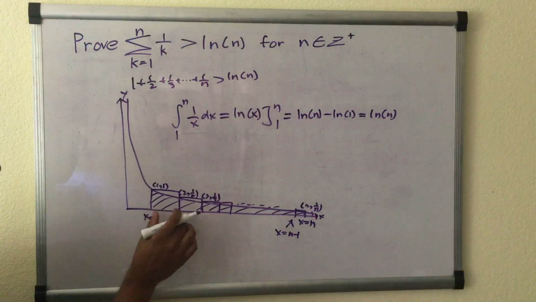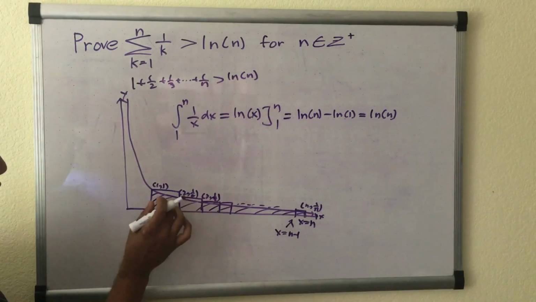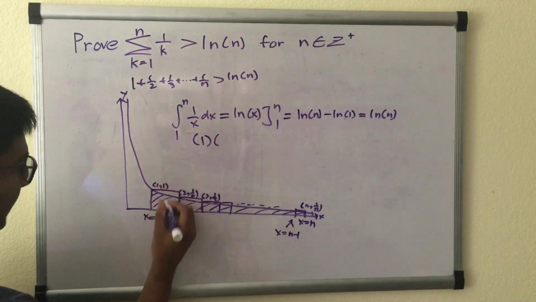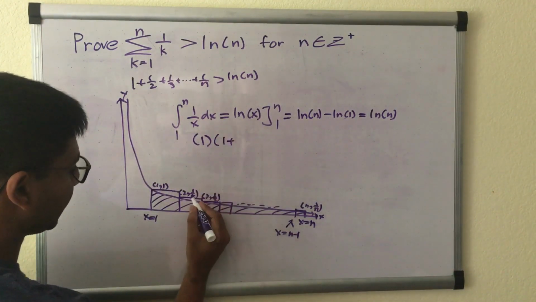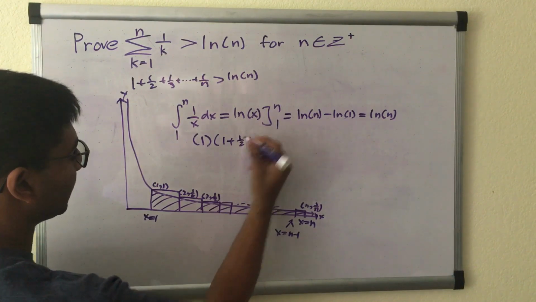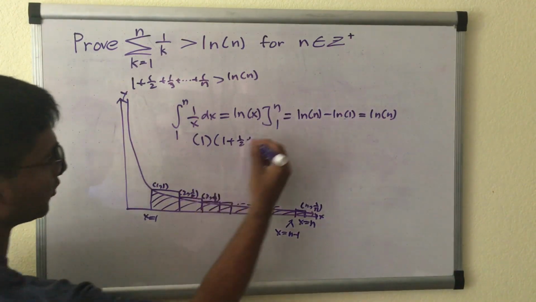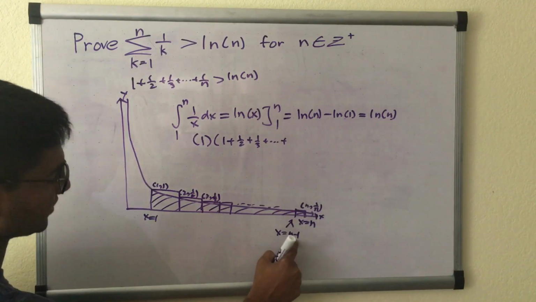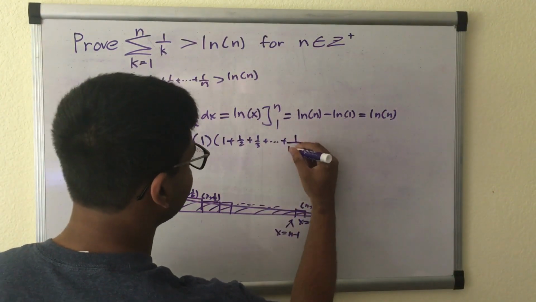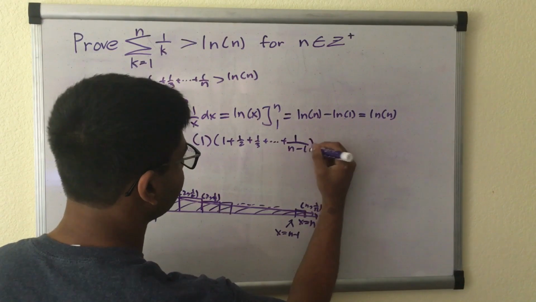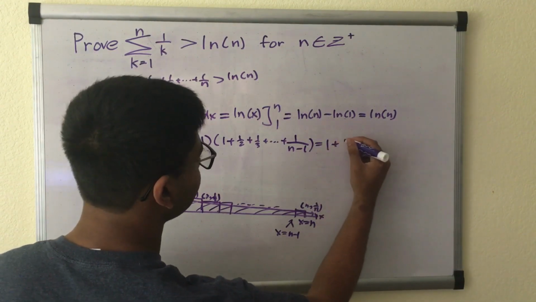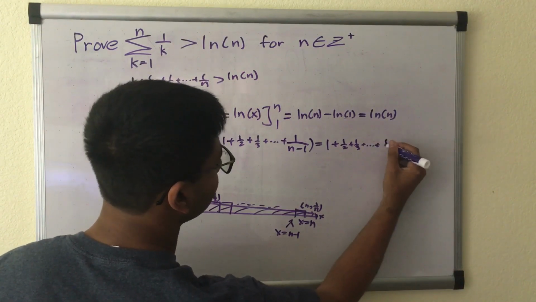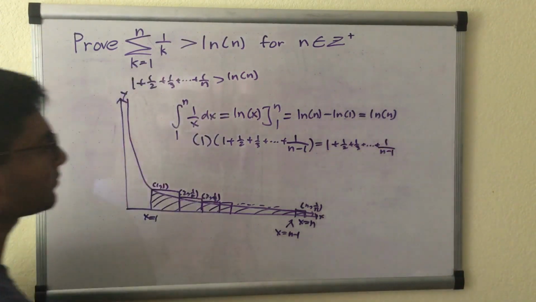To add all these rectangles up, the width of each rectangle is going to be 1, so we'll factor that. The height here is 1. The height is 1/2. We are getting this information by looking at just the y-coordinate of each point. And since the last rectangle ends at x equals n minus 1, we're going to end at plus 1 over n minus 1. So if we rewrite, this is going to be 1 plus 1/2 plus 1/3 all the way to 1 over n minus 1.